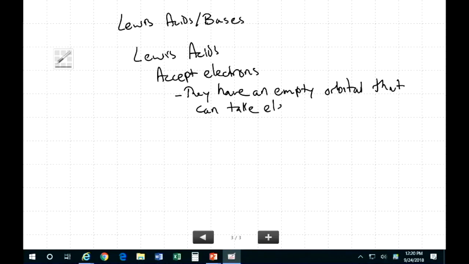A Lewis acid can take electrons. So you have to have an empty orbital, and then that orbital can be filled by electrons. Those electrons come from Lewis bases. These donate electrons, right?